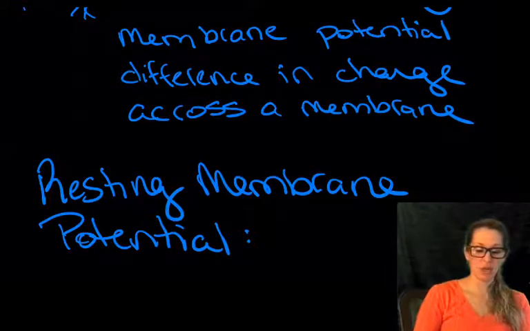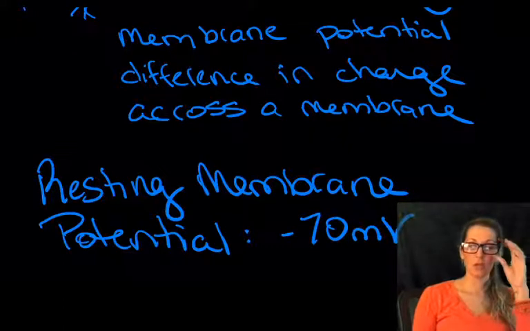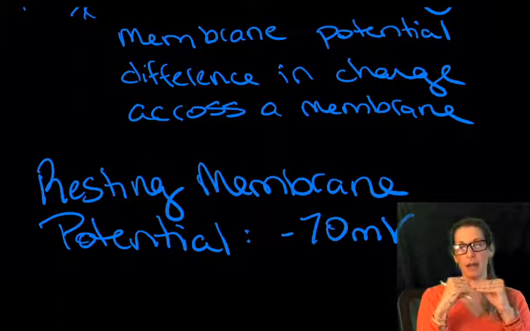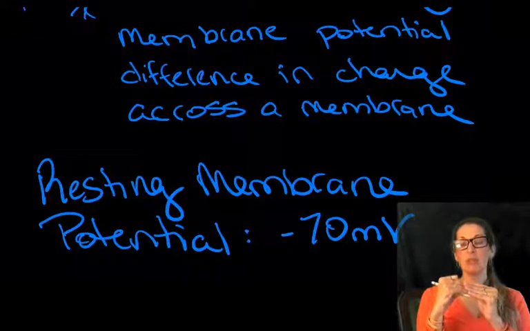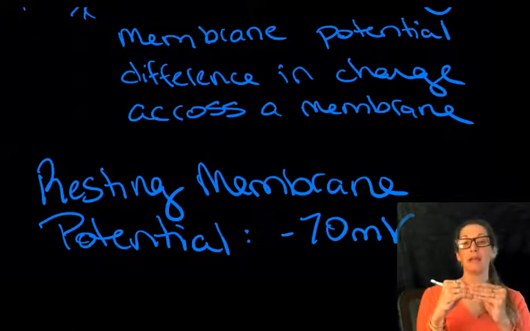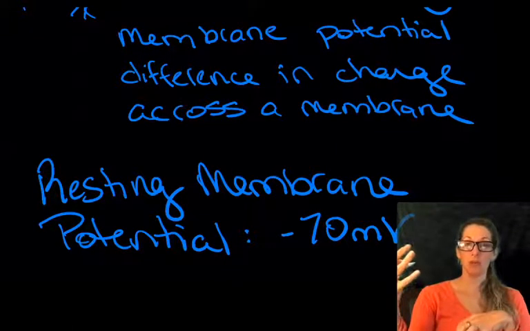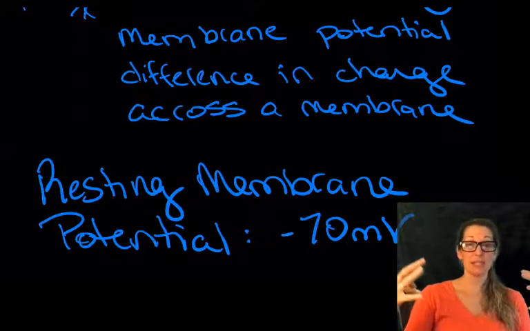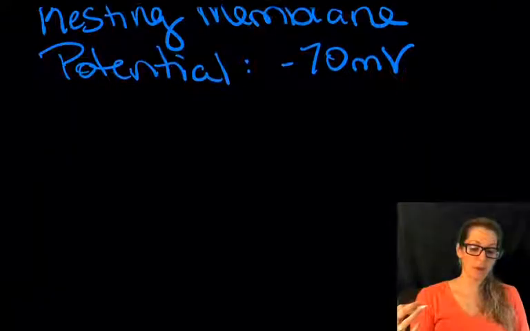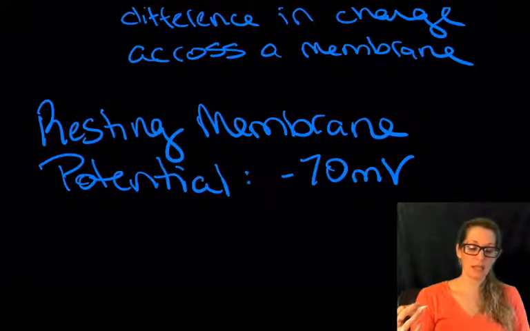How different is that charge? The resting membrane potential for our neurons is about negative 70 millivolts. So the inside of the neuron is about 70 millivolts more negative than the outside of the neuron. So this is just where our homeostasis is. Our resting membrane potential is negative 70 millivolts. And I promise I'm telling you that for a reason, and we'll get to that later.